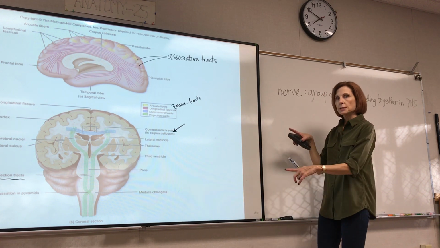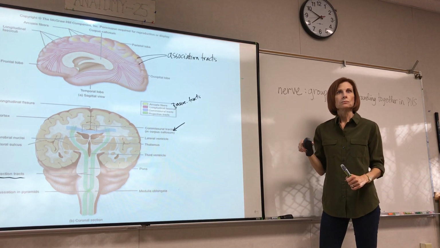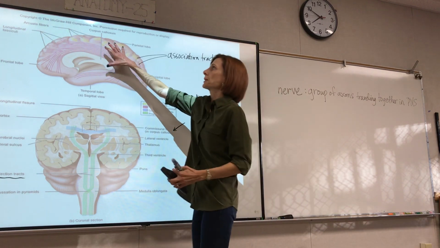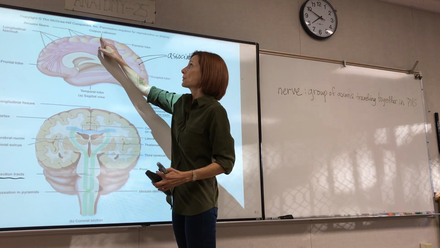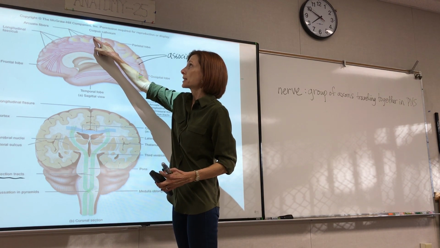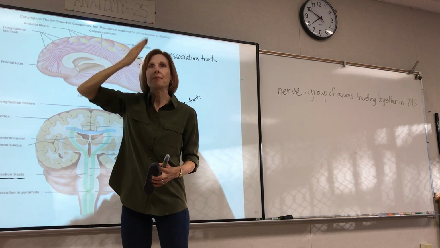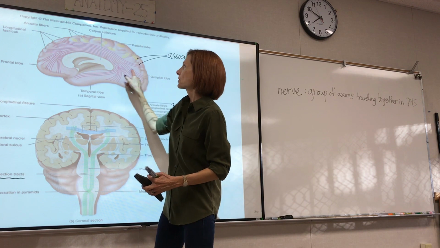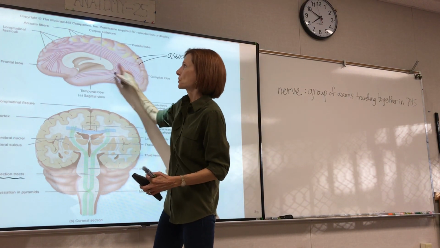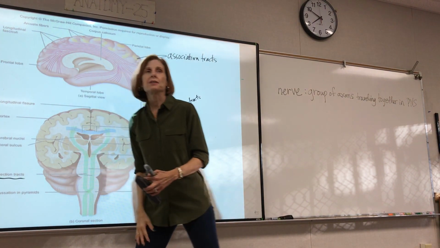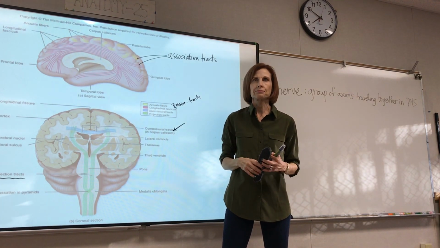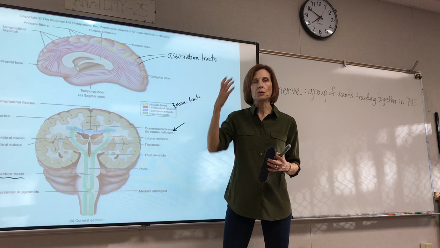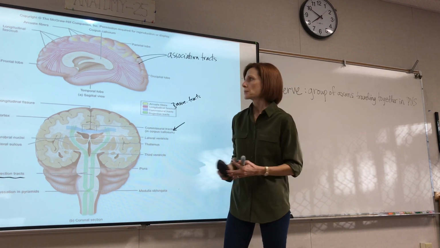Okay, questions? Yeah, in this diagram here, this is showing one half of the brain, and it's showing short association tracts, which are called arcuate because they have that arc shape, and then the longer association tracts, which are called longitudinal, and you don't have to know those terms. They're all association tracts. That's all you need to know. If they don't cross over the midline, they're association tracts.